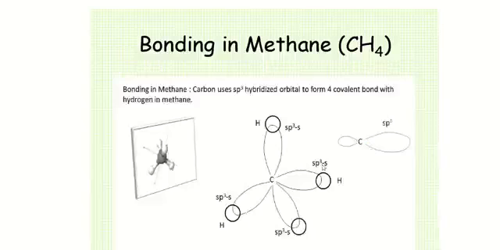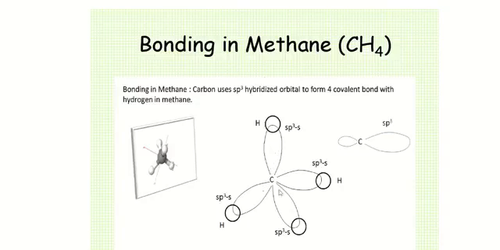For sp3 hybridization, we always discuss the methane molecule in which carbon has 4 sp3 hybridized orbitals. This is sp3 hybridized orbital 1, this is 2, this is 3, and this is 4.